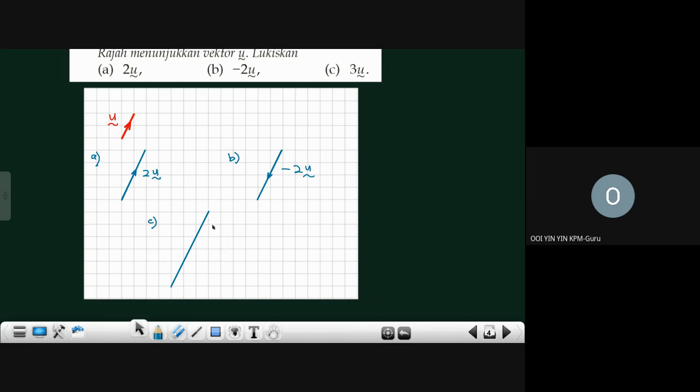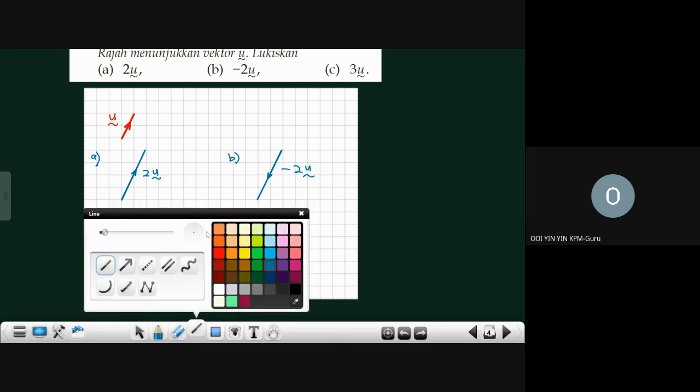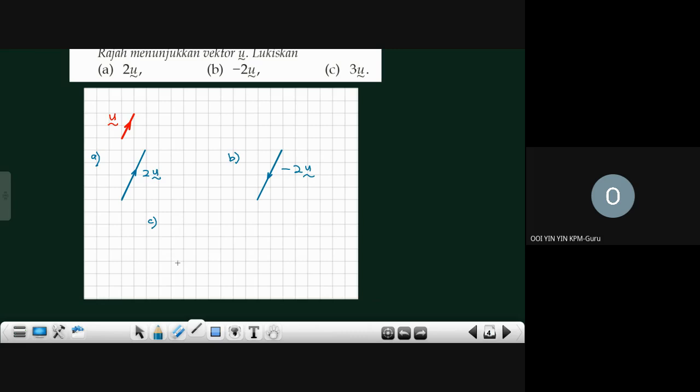And then don't forget, actually my line has drifted a little, and you have to draw exactly. You have to be very precise on this one. Okay, 1, 2, 3. Okay, this one is more accurate.